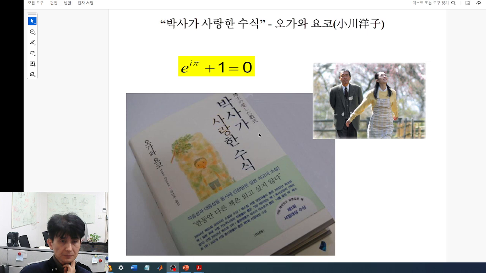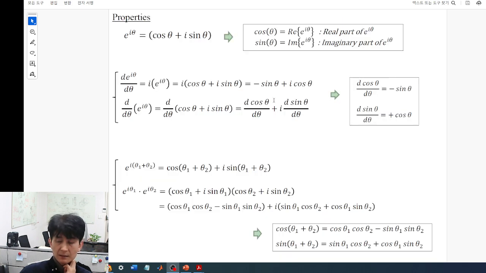So there are a lot of reasons why we should use the Euler formula. In communication theory, wave theory, as well as in quantum mechanics, all functions are represented in the Euler form, and all observable quantities in physics should be real.